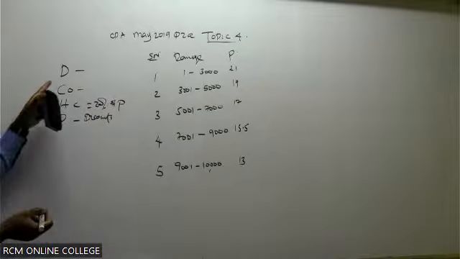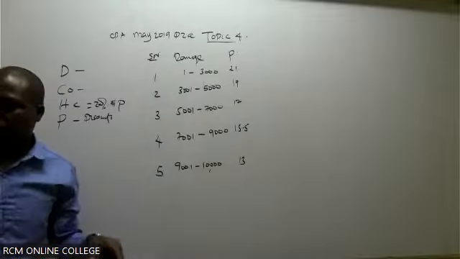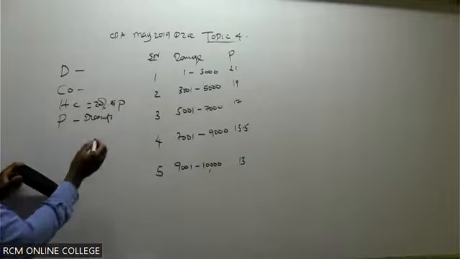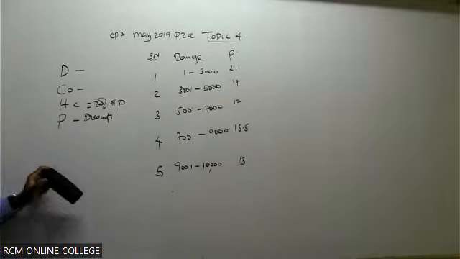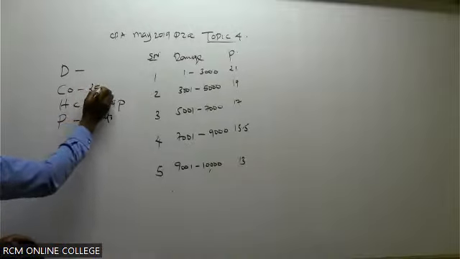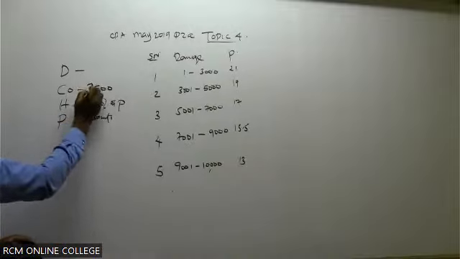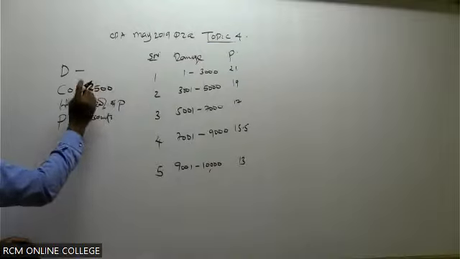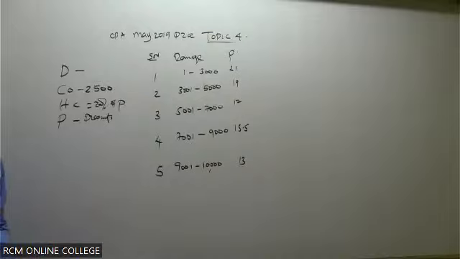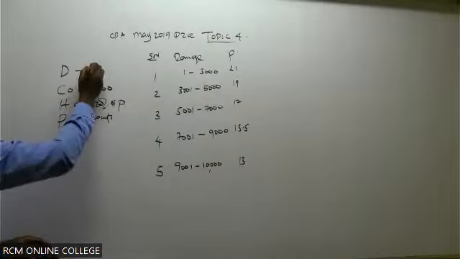What is our ordering cost in the question? 2,500. Do we have annual demand anywhere? If yes, what is the quantity? 30,000.